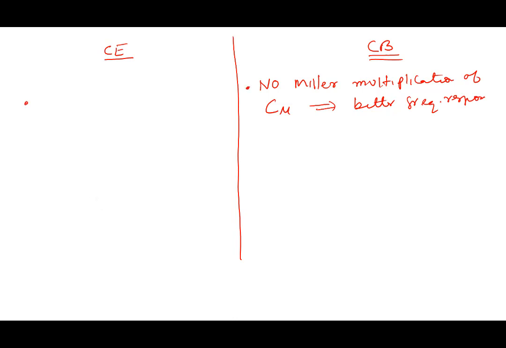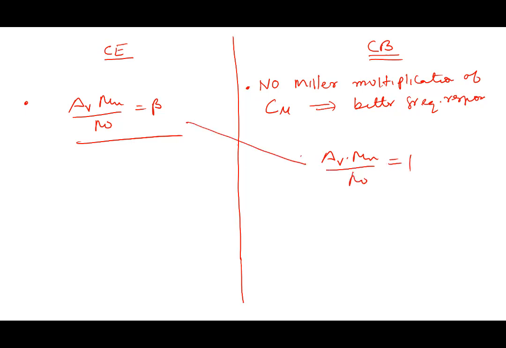And what is the advantage of this one? Better Rn, or basically this, right? We can write it like this: AV Rn by R0 equal to beta. That shows a superior response. While here, AV Rn by R0 equal to 1. So this shows us the benefit of common emitter.